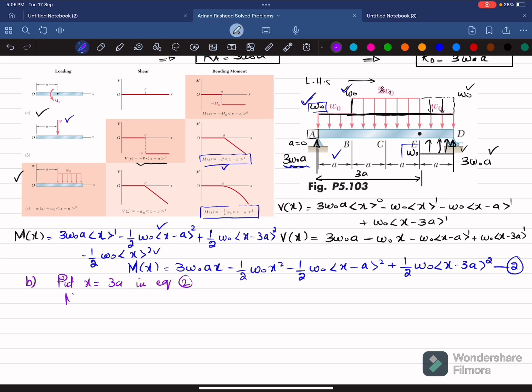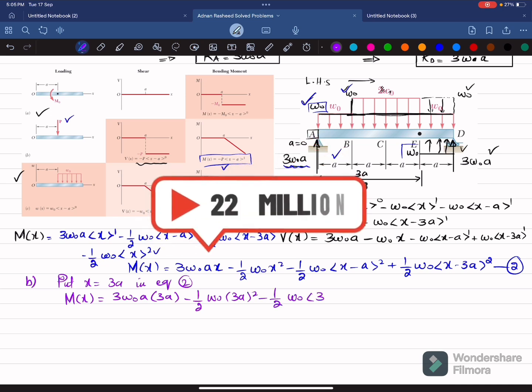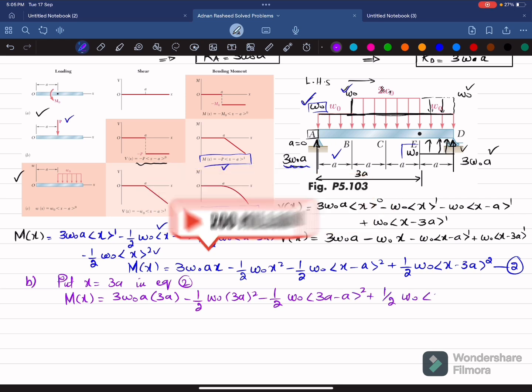So when you put x equal to 3a, it will be equal to 3w naught a into 3a minus 1 over 2 w naught into 3a whole square minus 1 over 2 w naught into 3a minus a whole square plus 1 over 2 w naught into 3a minus 3a whole square.